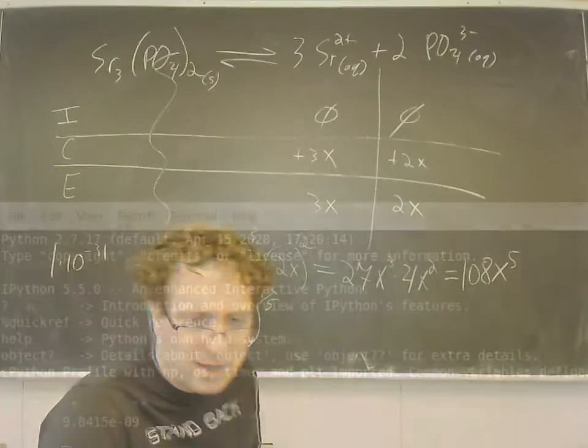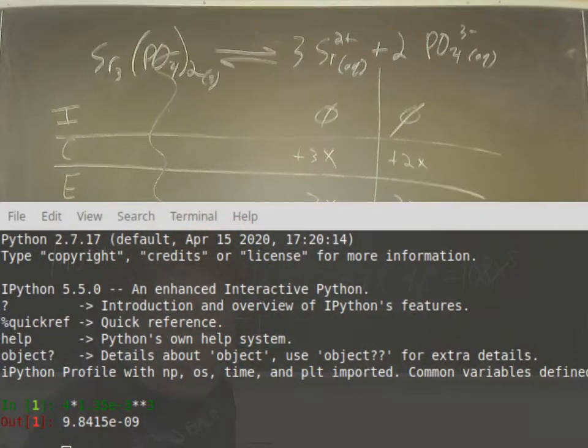Let's figure out what the molar solubility is. I'm going to take 1e negative 31 divided by 108, and I'm going to raise it to the power of 1/5. And I get 2.5.